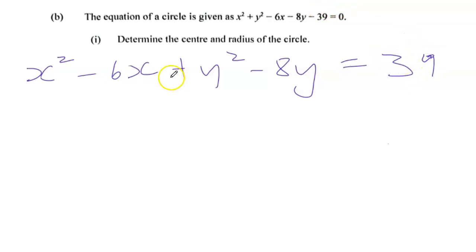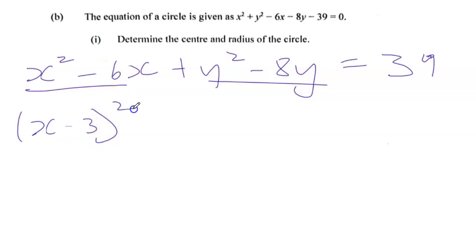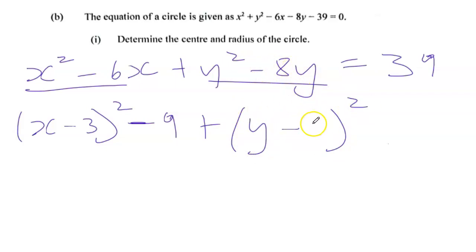And now we need to complete the square, alright, for the x term separate from the y terms. So we form our square, x minus half of the b value. Form our square, it's always minus the square of the constant here. So minus 9. Do the same thing. Form our square. So it's y, follow the sign, minus half of the b, half of 8 there is 4.